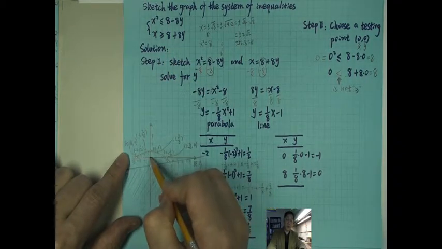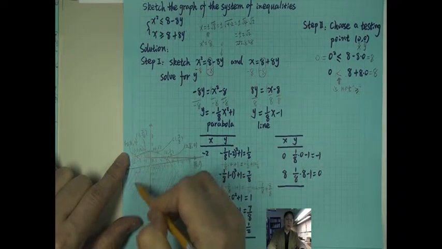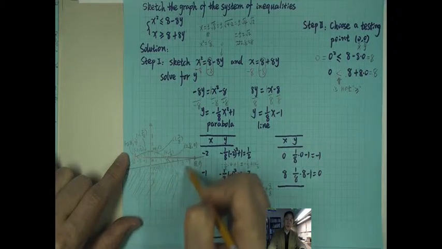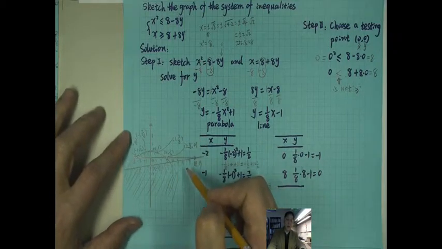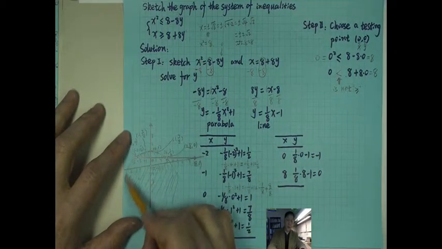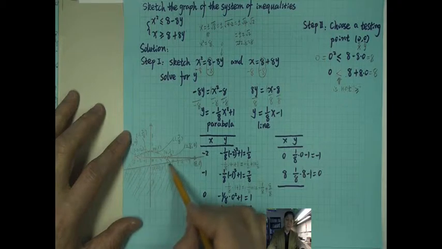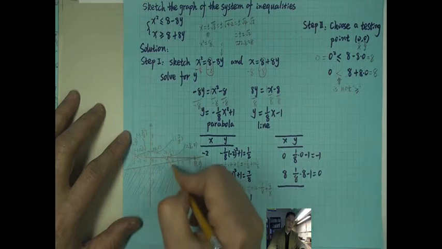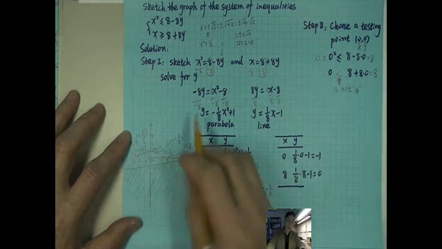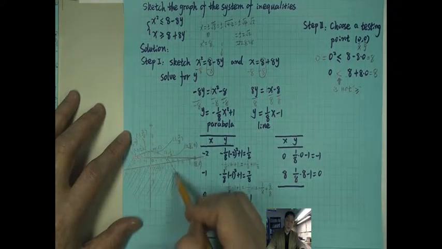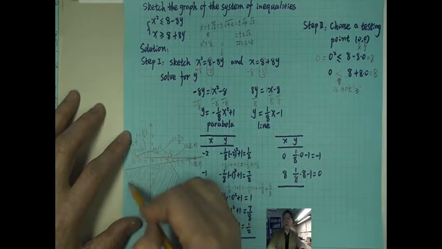Because here was origin, this side shouldn't be marked. Then this side of the line should be marked. And then the common part will be this shaded area below this line and inside this curve. Don't mark the line, don't mark the area beyond this part. Okay, the common part is below it, right here.